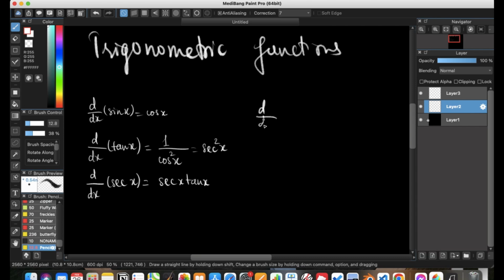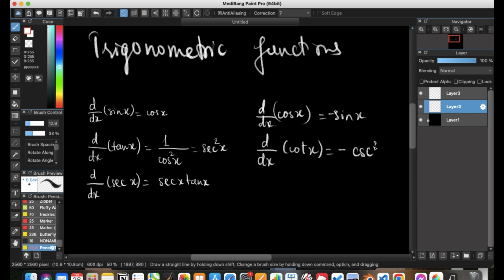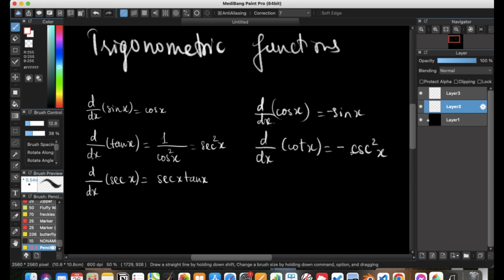The d over dx of cosine x is equal to minus sine x. D over dx of cotangent x is equal to minus cosecant squared x.